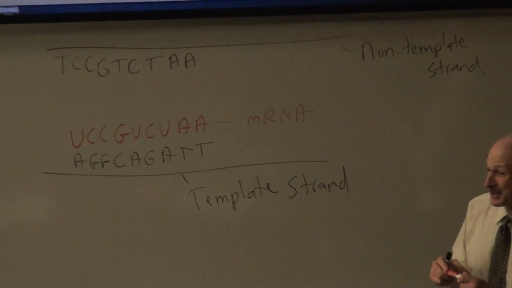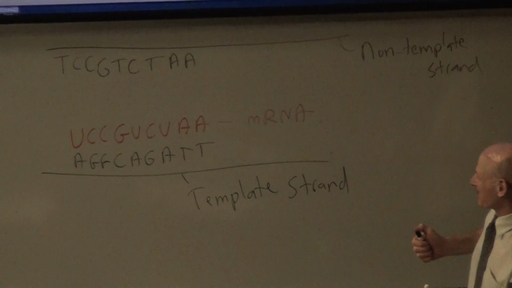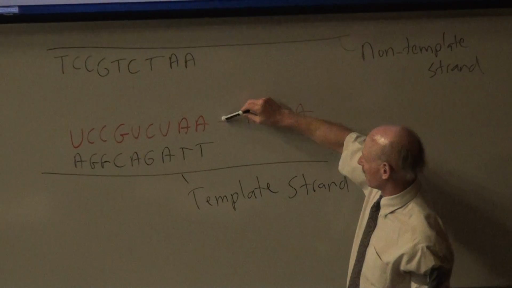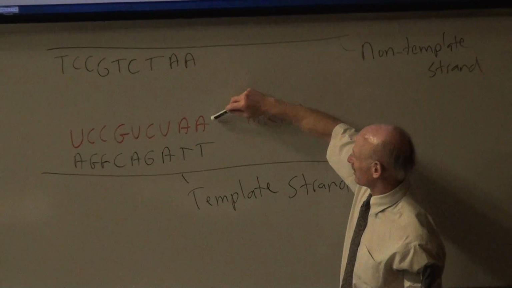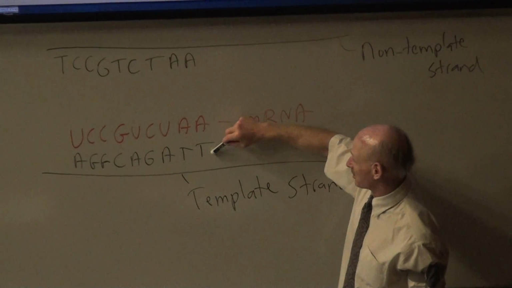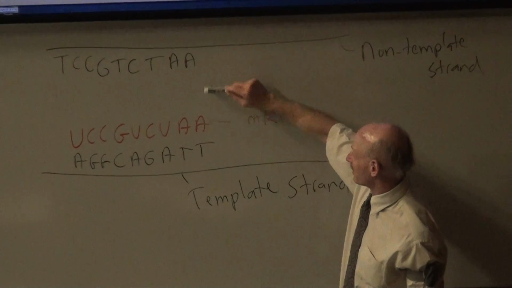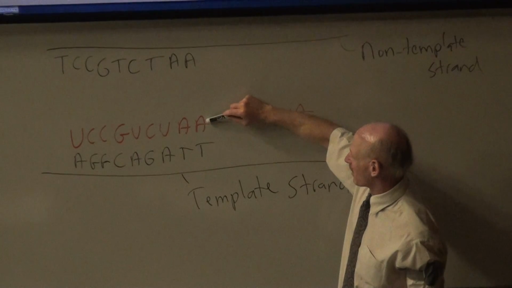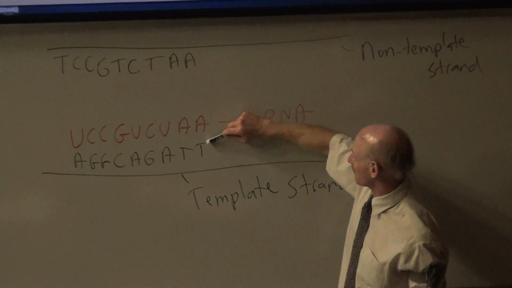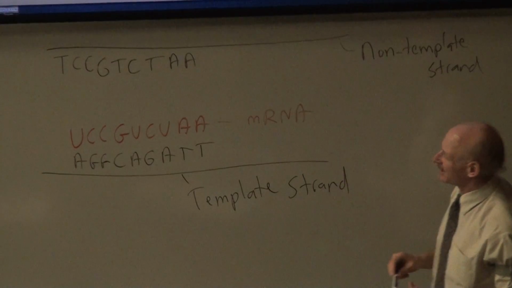Correct so far? All right, so the message here is that the mRNA looks like the non-template strand, but the mRNA is actually complementary in sequence to the template strand.